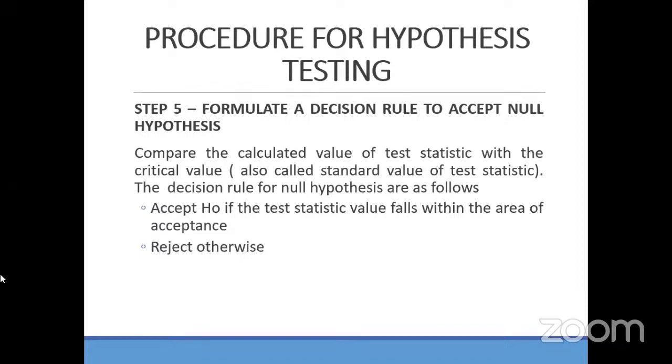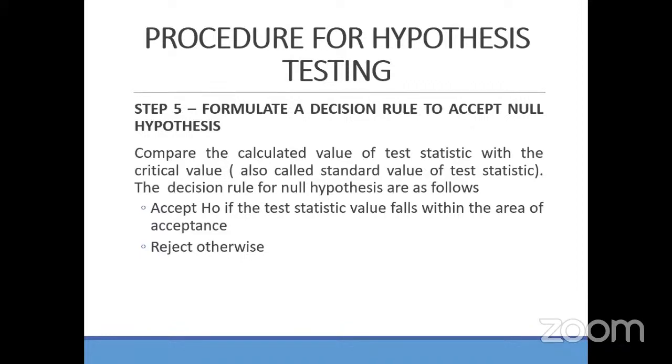Once we understand which test is appropriate for our situation, then we have to compare the values. One is called the calculated value, and another is called the tabulated value, right?